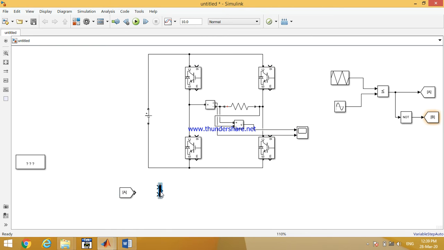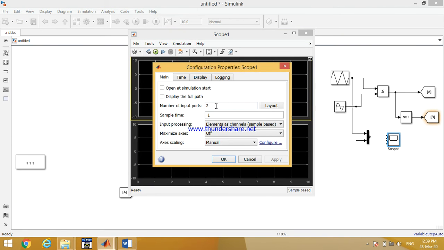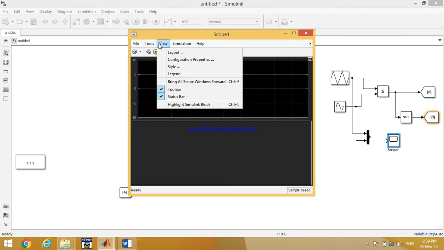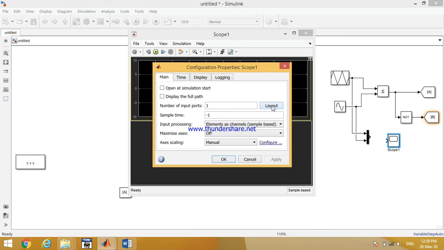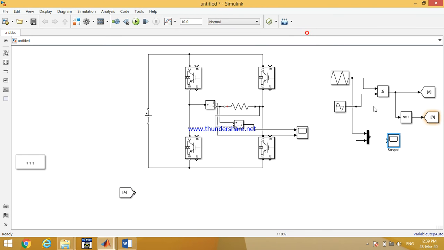And to view this, we can add the triangle and sine. It will show the comparison of the waveforms, whichever comparison is to be done. So configuration parameter 1, okay, and done. So it is given over here.